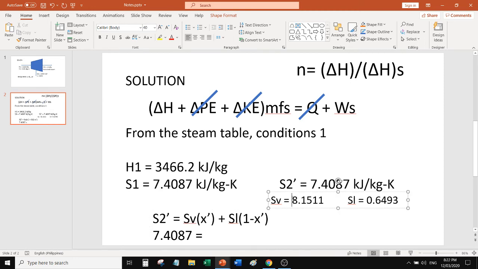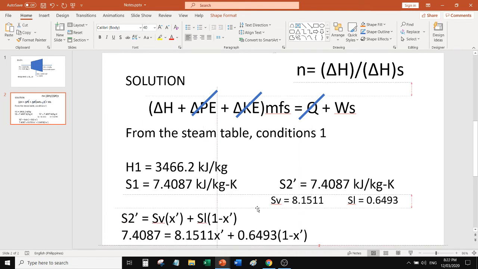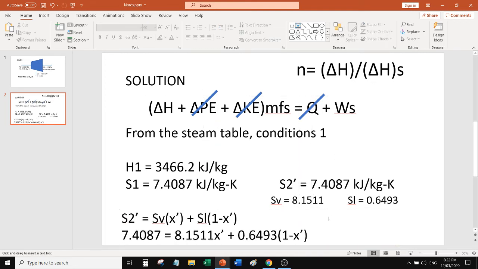SV mo ay ito, times X prime, plus SL mo ay ito, times 1 minus X prime. So, isa na lang unknown, masusolve mo si X prime. Okay?